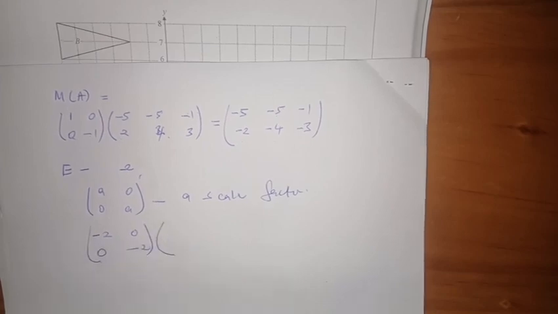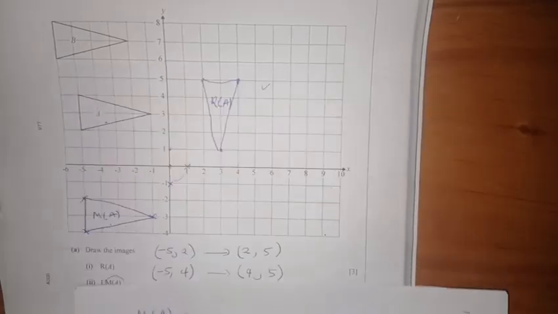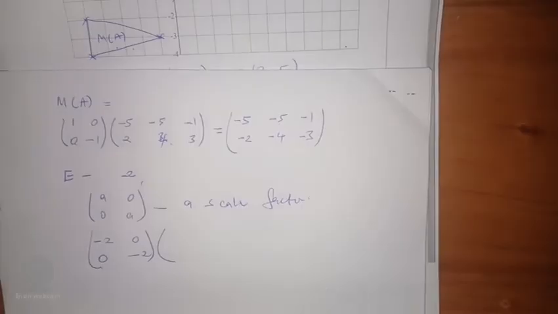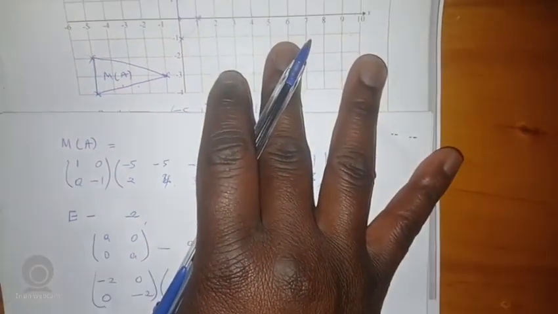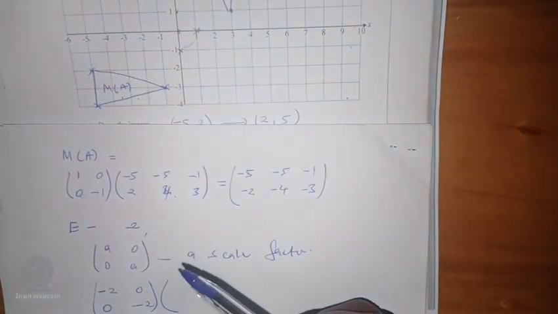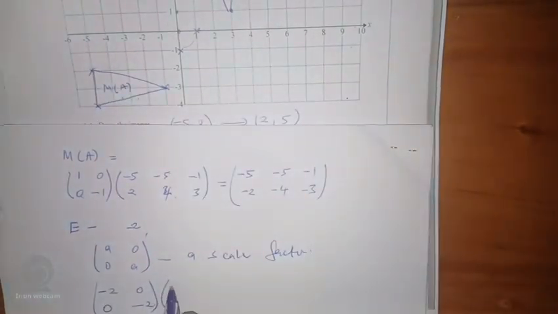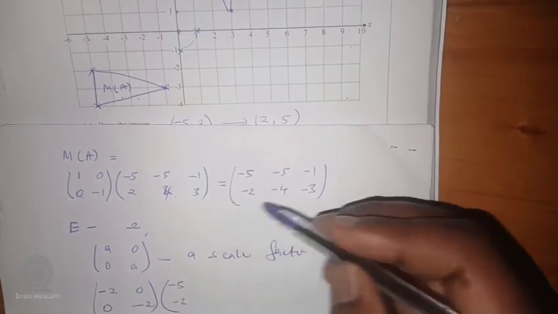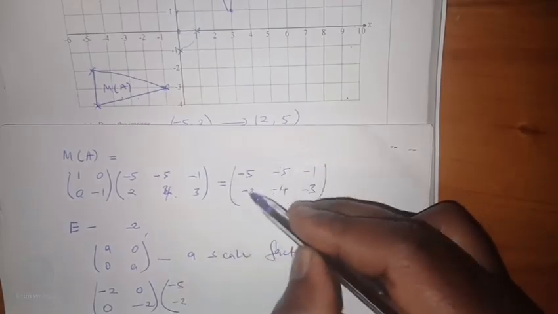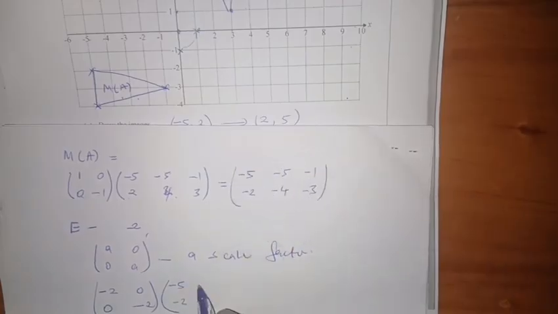Let's extract the vertices of the triangle in question. Now, the triangle in question, so this one, we're having negative 5, negative 2, negative 5, negative 4, negative 1, negative 3.